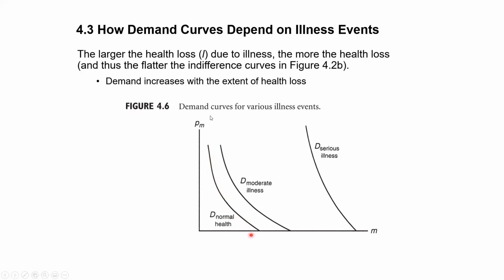But when you have an illness, you would see that the curve will shift to the right. So there is a demand increase with the extent of health loss. So when you have illness, there will be more demand for services because it shifts to the right, given a set of prices for these medical services. So the more serious the illness is, the greater the shift of the curve in terms of consumption of medical services.